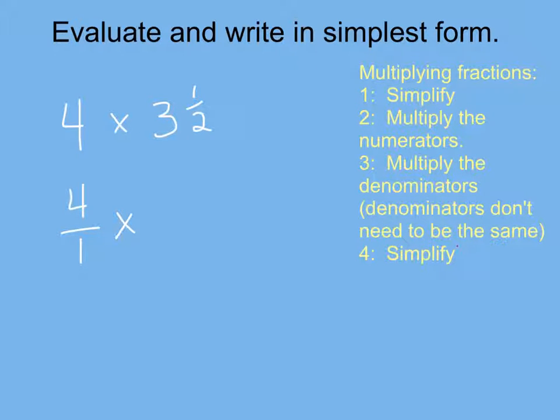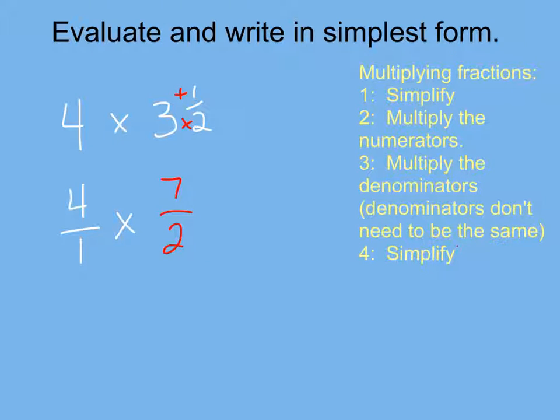So we're going to do 2 times 3, and then we'll add that numerator. When you're doing a problem like this, you can put these signs in to remind yourself. So 2 times 3 is 6, plus 1 is 7. So this as an improper fraction is 7 halves.